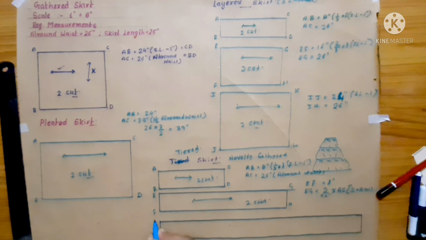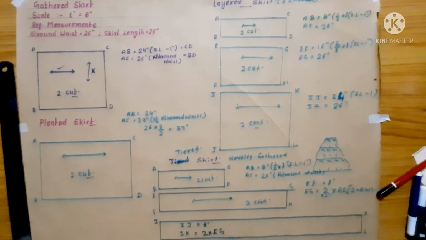So I, J, K, L. I'll write here IJ 8 inches and IK is equal to 2 into EG, or you can say 4 into AC, or you can say 4 into all round waist, 104 inches.